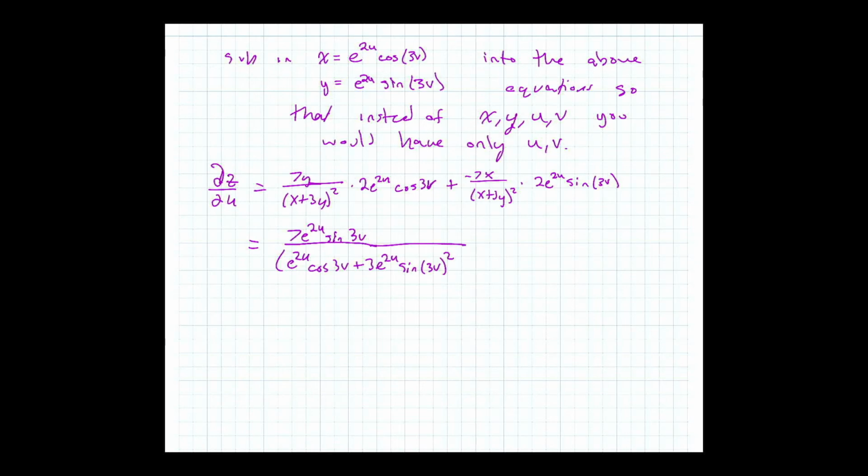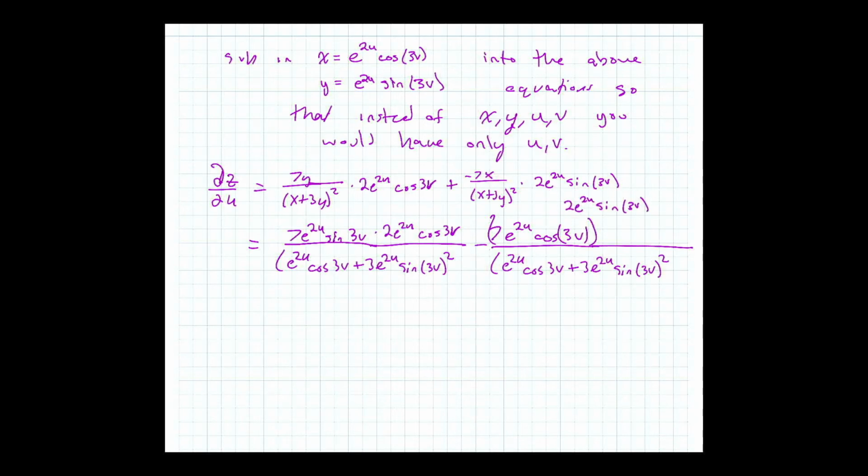And then you've got this thing, which should be out to the side. I'll put it up here though. And then you have minus 7x. X is e to the 2u cosine 3v over, the denominator is the same, so I'll just duplicate it to save myself effort. And you've got this term that should be on the end of this. I will duplicate it and put it right there.